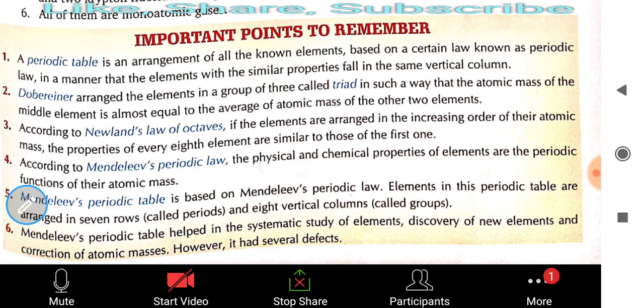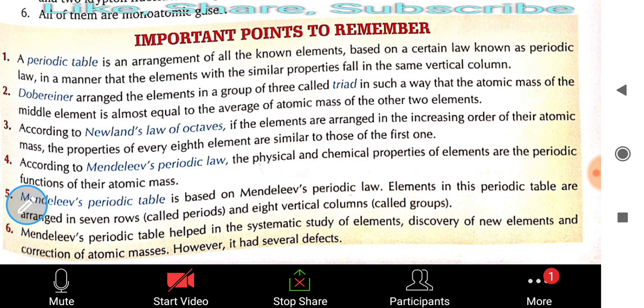If we talk about sodium with an American, he also understands. The second point to remember is that Dobereiner arranged the elements in groups of three called triads in such a way that the atomic mass of the middle element is almost equal to the average of the atomic masses of the other two elements. We already read about this law in detail in the last classes.